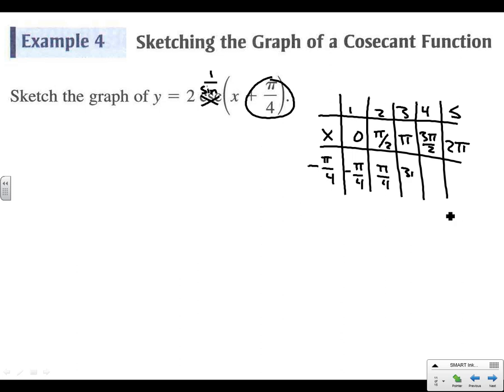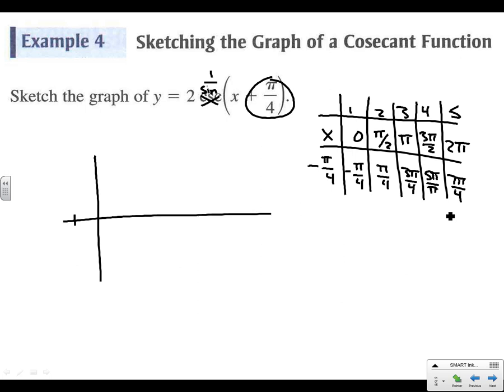And 3 pi over 4, 5 pi over 4, and 7 pi over 4. Fun with fractions. Alright, so from that, let's go ahead and see what our graph of sine would look like.